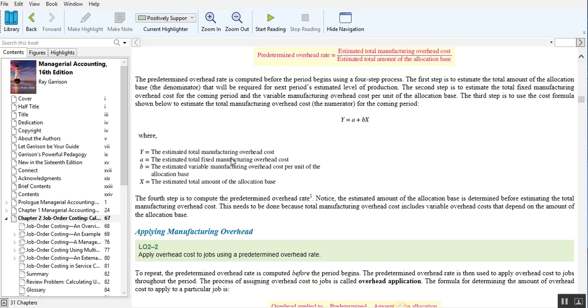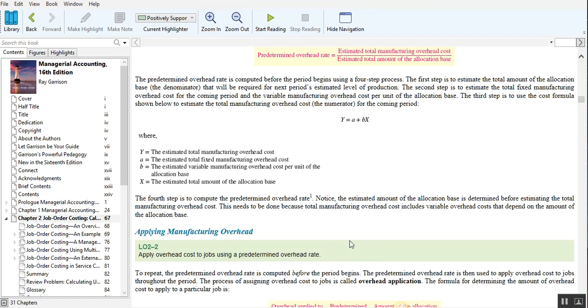Letter A is the estimated fixed manufacturing overhead cost. Letter B is a unit rate based on this allocation basis that we choose. So in this case, it might be an amount per direct labor hour.